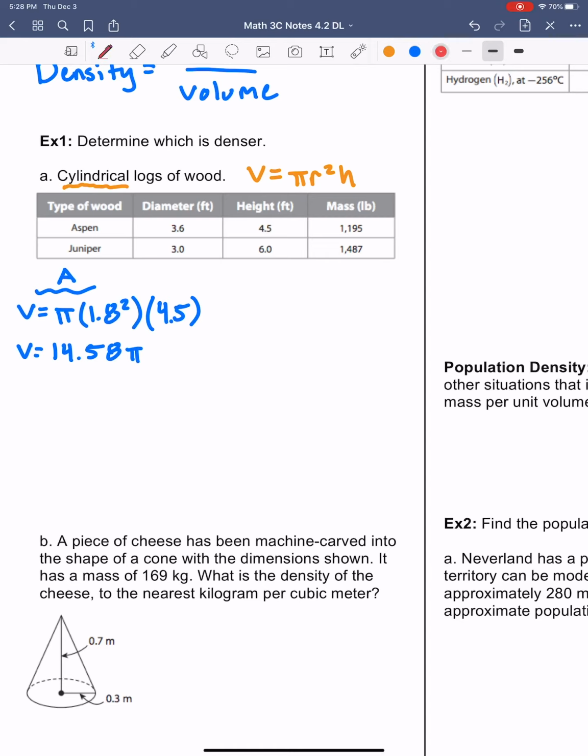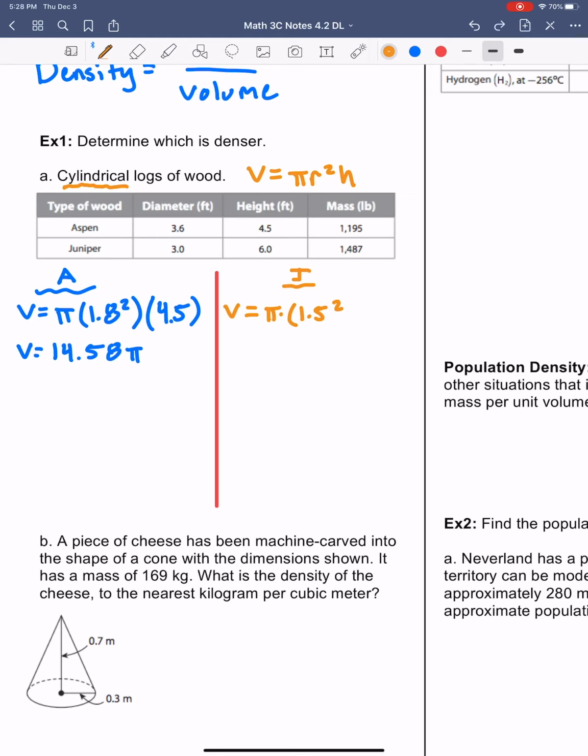And now I'll go ahead and find the volume of the juniper wood. So that's going to be V equals pi times the radius, which in this case is going to be 1.5, right, because the diameter is 3, so divide that by 2.